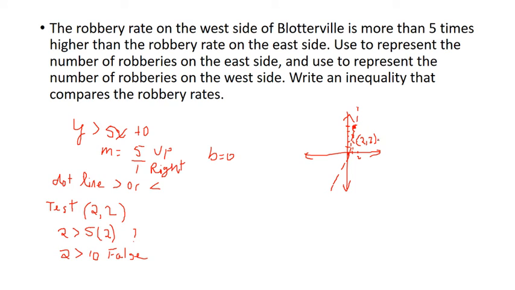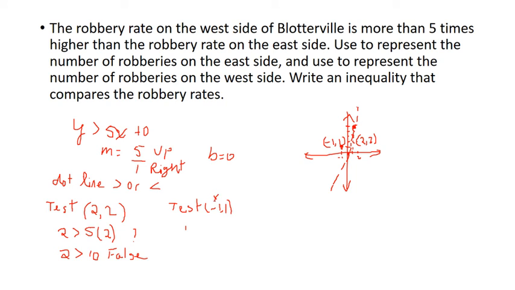So if I pick any point from this region right here, it's not going to be a solution. Let's go ahead and test a point from this part right here. So I have a negative 1 and positive 1. Let's pick negative 1 and 1, which is right here. If I test negative 1 and 1, I'm going to plug it in. So I have a 1 because my y is 1.